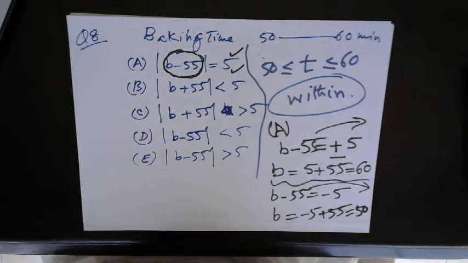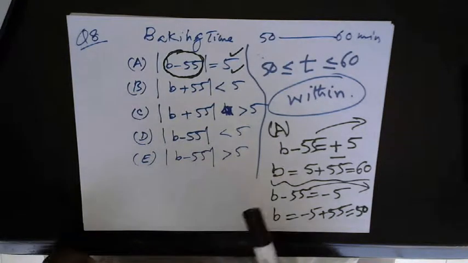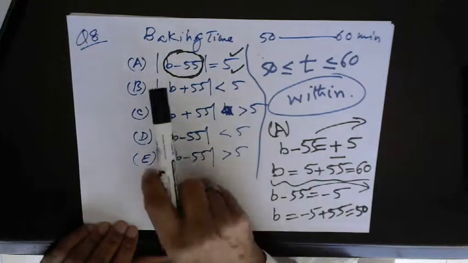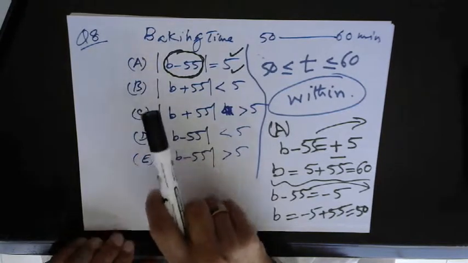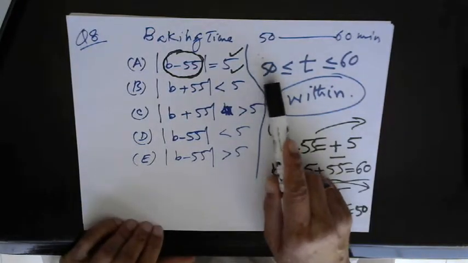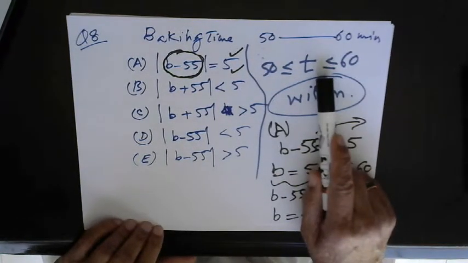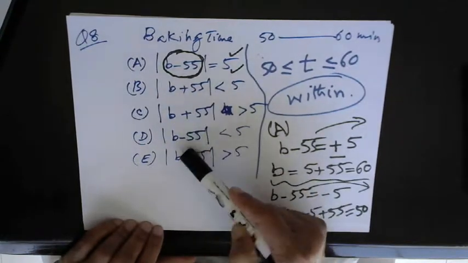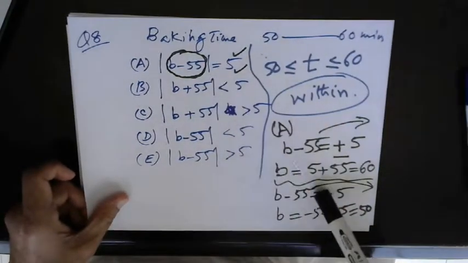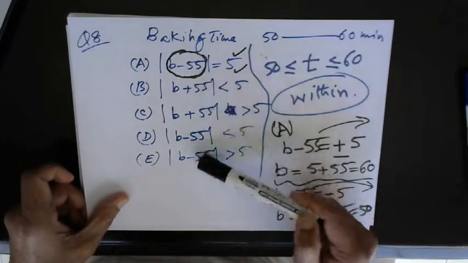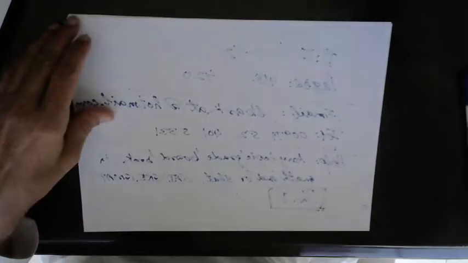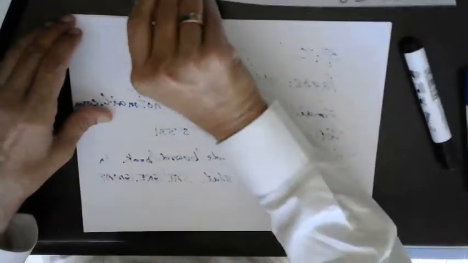Now, if 50 and 60 are to be included, then A is the answer. But if by this word within they mean more than 50 and less than 60, then let us see which one of these is the answer. Okay, so I will continue like this with the 4 inequalities, namely B, C, D, and E. Okay, right. I need another sheet of paper.